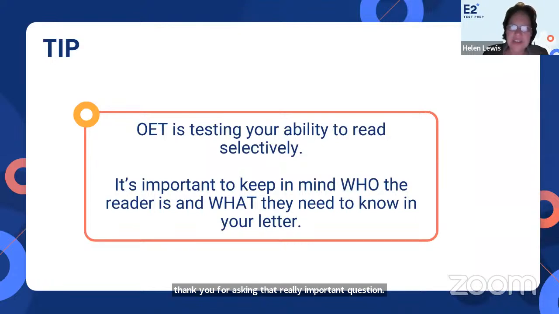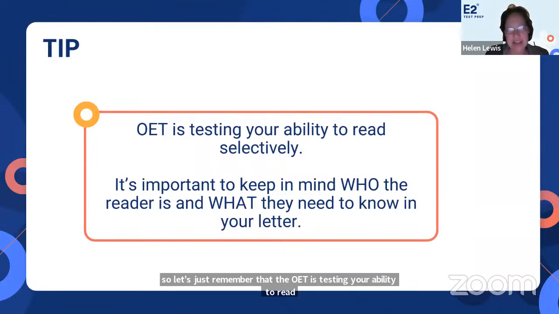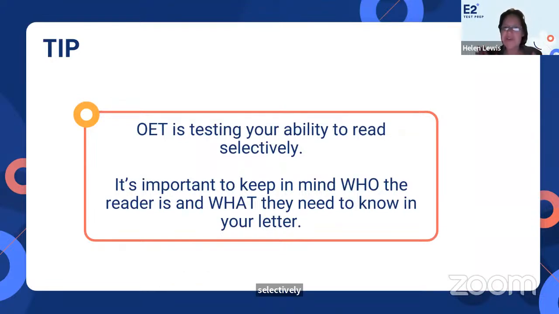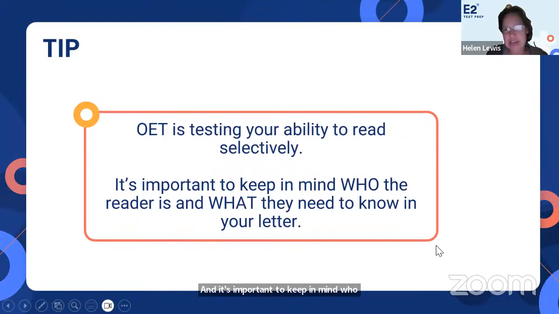Okay, so let's just remember that the OET is testing your ability to read selectively. Selectively means choosing, okay, choosing the right information. And it's important to keep in mind who the reader is and what they need to know in your letter.